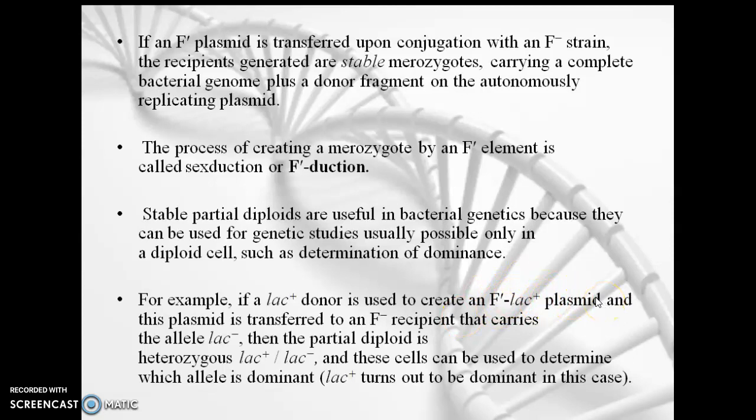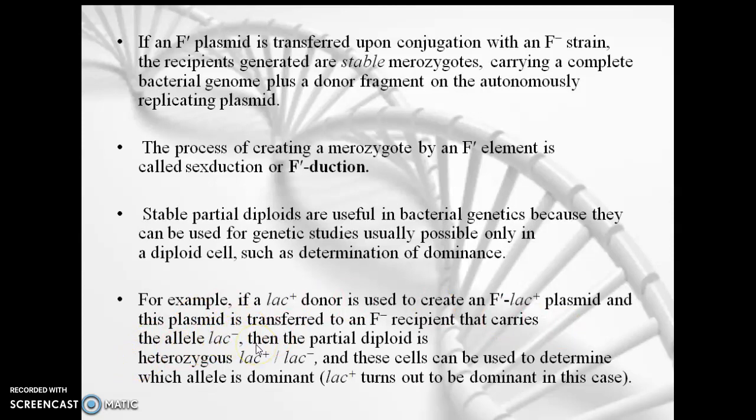That is, while moving away from the integrated state, the F factor or F plasmid carries that LAC gene, or LAC allele, along with it. And during conjugation, this plasmid is transferred to the F minus recipient, which usually carries the allele LAC minus, so it is LAC negative.